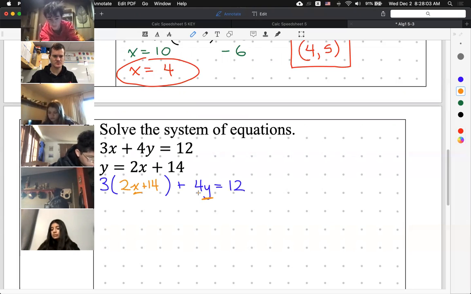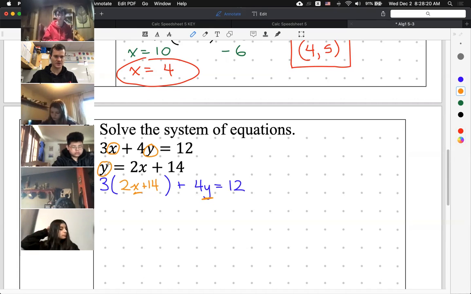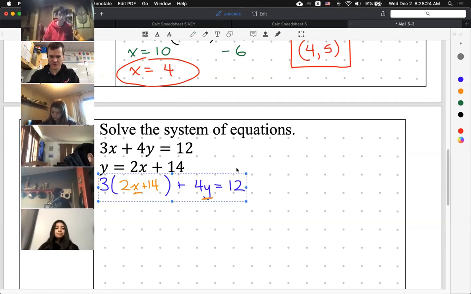So because it says y equals that equation, you would put that equation in replacement for y. Because 2x plus 14 equals y, not x. Okay, so we were putting x as the empty parentheses. We should have had y for the empty parentheses because it was a y equals down here. Okay, so let's go ahead and try that one more time.